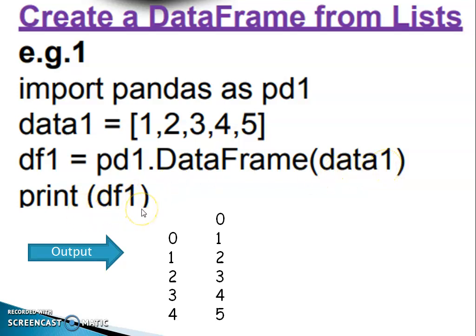Print df1. We will get the output with index values 0, 1, 2, 3, 4. By default, the column name is 0. Then the values are 1, 2, 3, 4, 5. Okay? Clear?